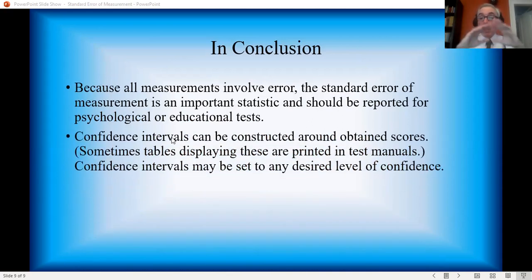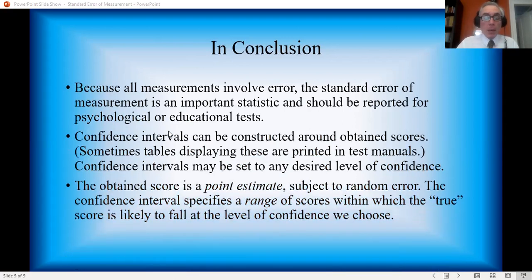Confidence intervals can be constructed around any obtained score based on the already known standard error of measurement. High-grade commercially published tests will often have a page or two of just a table of confidence intervals. They'll give you the 85% and 95% confidence intervals around every possible score. But if that's not there, you can get them for yourself, as we just did today.